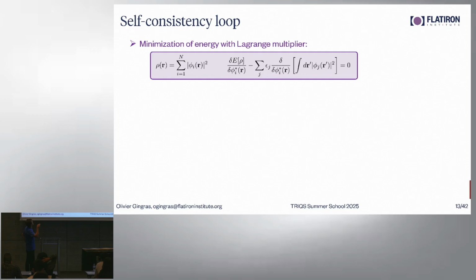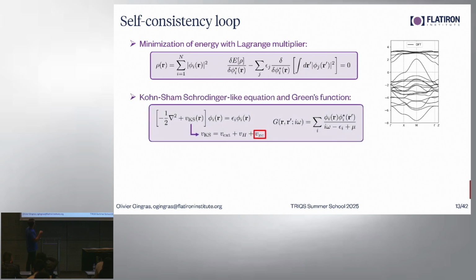We can derive the total energy functional with respect to one of these Kohn-Sham orbitals in the presence of Lagrange multipliers, and that's what gives us a Schrödinger-like equation for the Kohn-Sham electrons, which is a non-interacting Schrödinger equation for these Kohn-Sham orbitals in the presence of this field, which is the external potential created by the atoms, the Hartree term, and some exchange functional, which we don't know, actually.